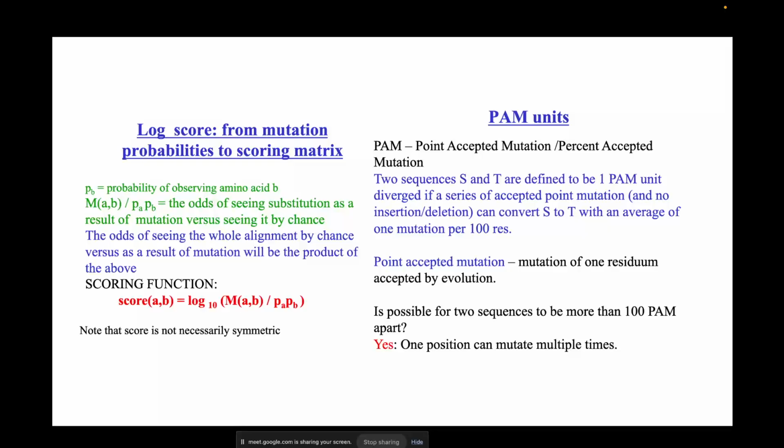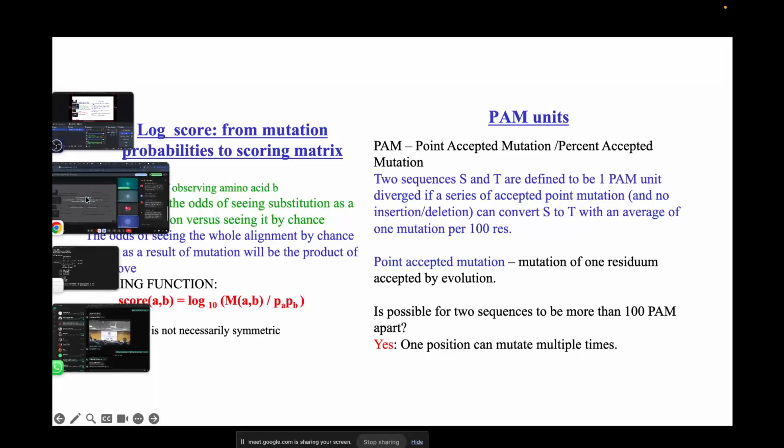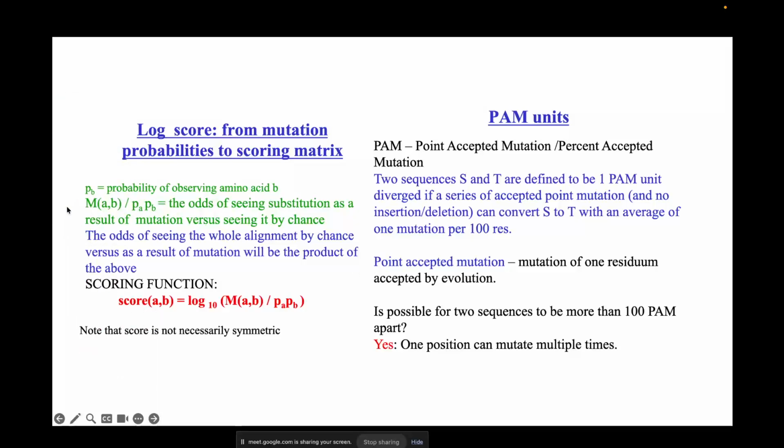This is the odds defined for that particular substitution, A to B. Now, if you take the log of this whole odds ratio, which is the log odds, that is the score present in a matrix like PAM or BLOSUM. So the score is basically a probabilistic value of seeing that particular variation at that particular position in the protein or the genome.